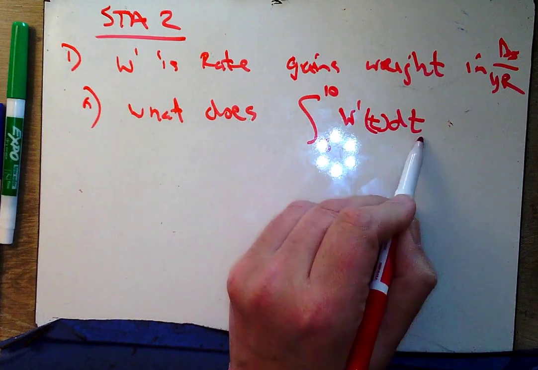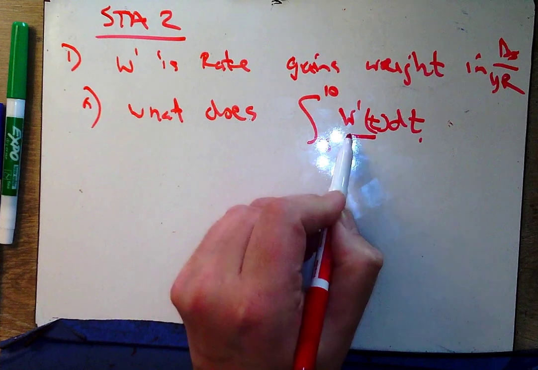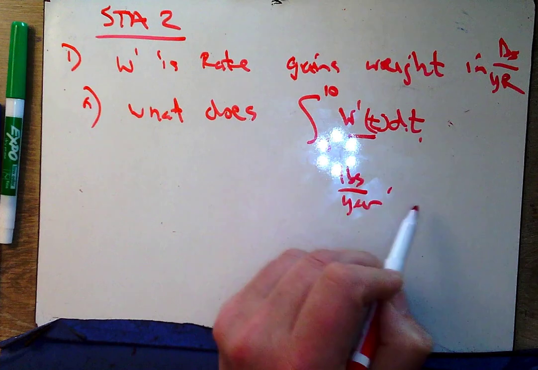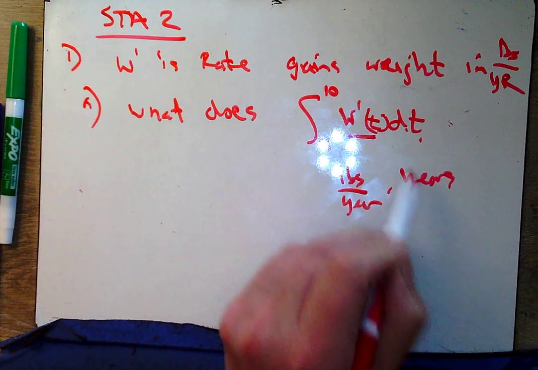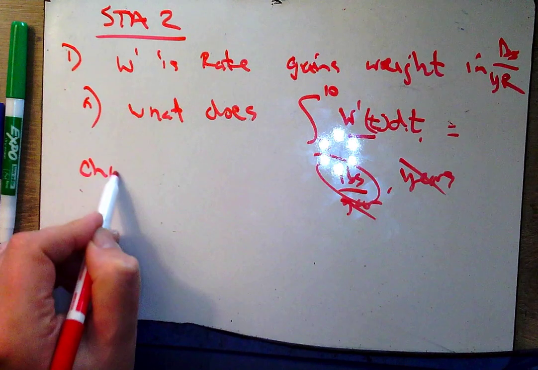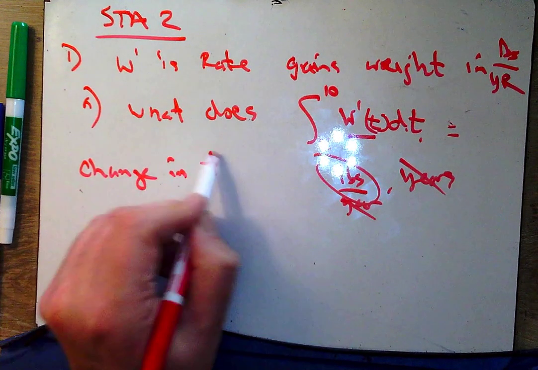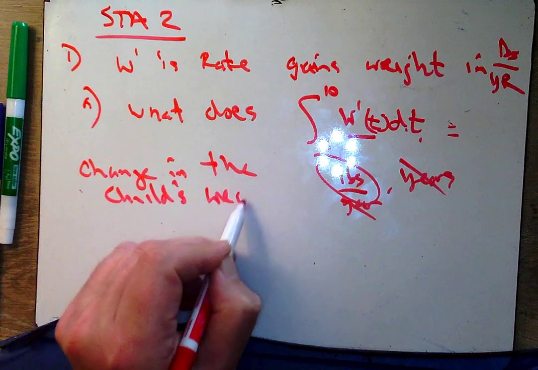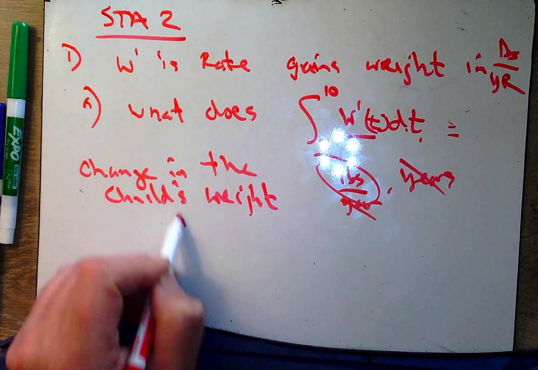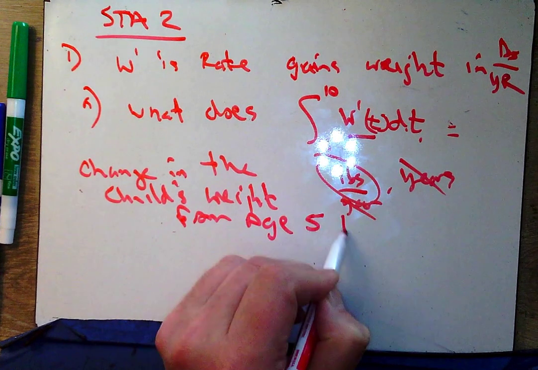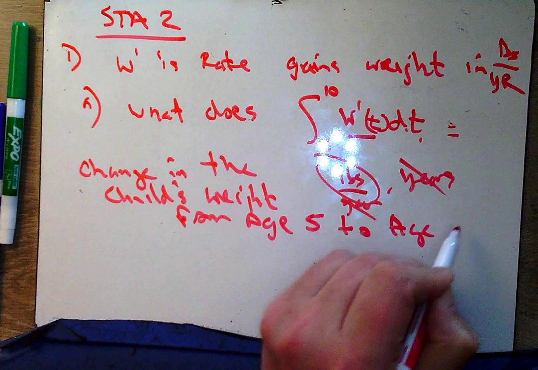Well, this is our rate, pounds per year, and this is our time. And so this is going to give me the change in the child's weight from age 5 to age 10.